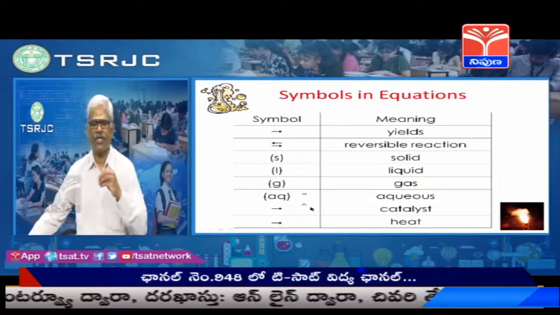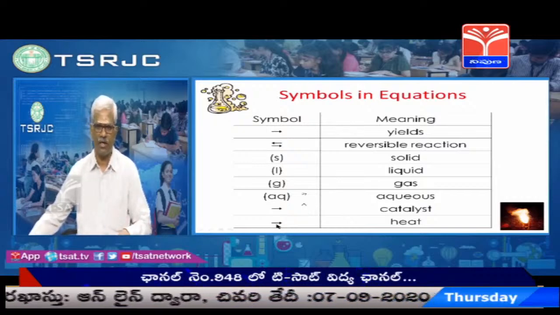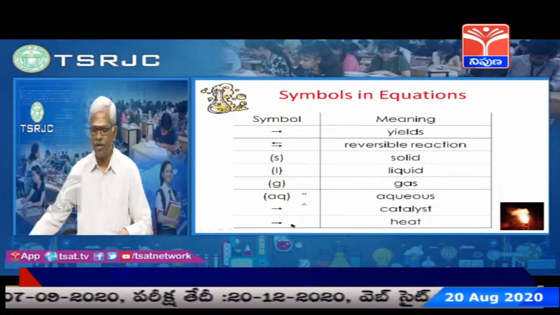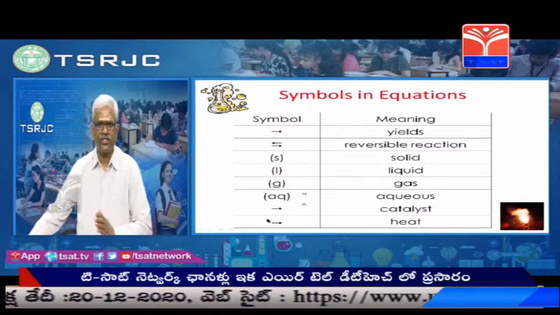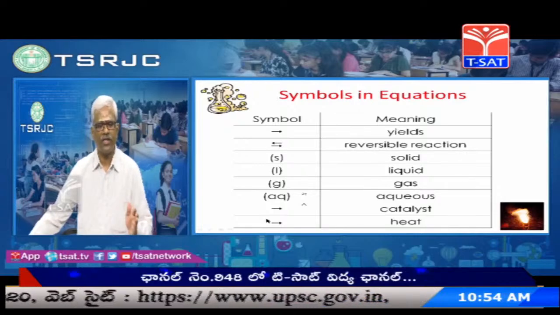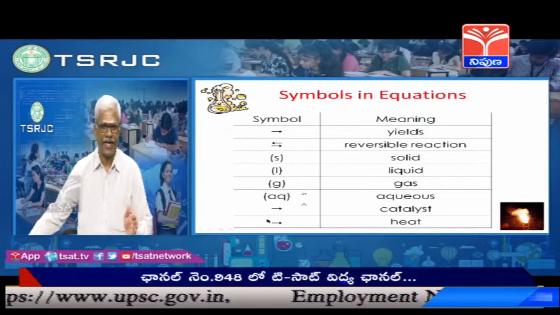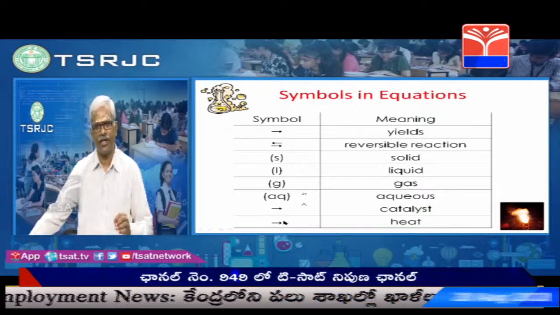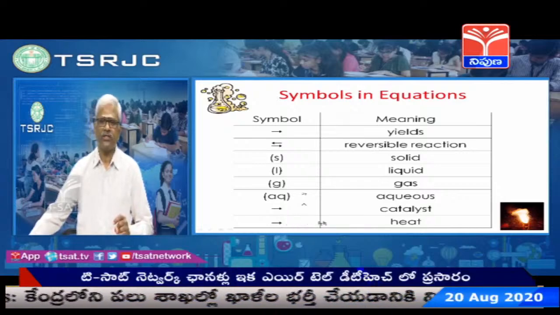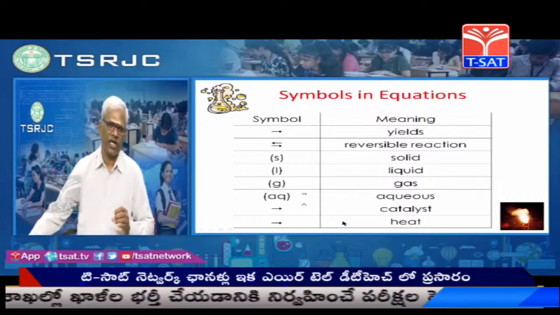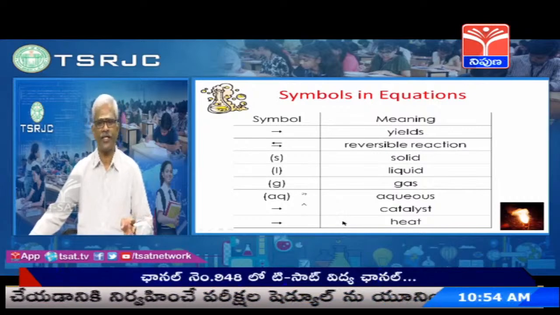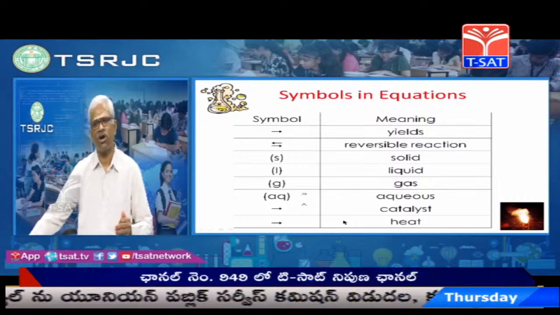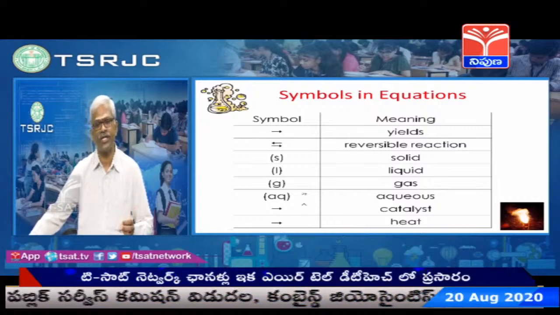If the delta symbol is inverted above the arrow, it represents the products will convert into reactants again when heat energy is given. That means, when the products convert into reactants, it is a reversal change. So, it is called reversible reaction.